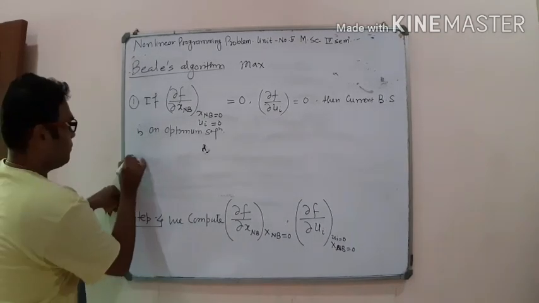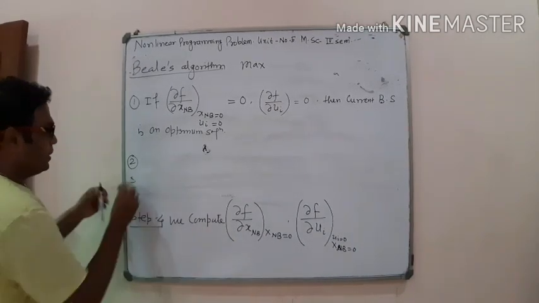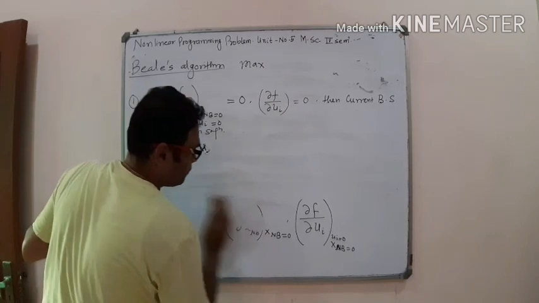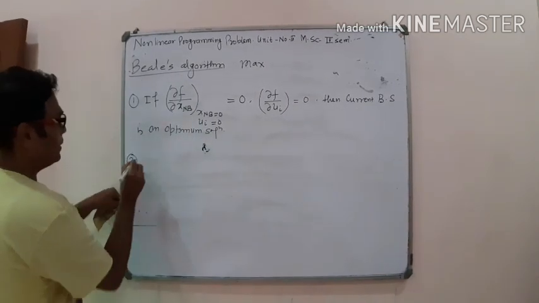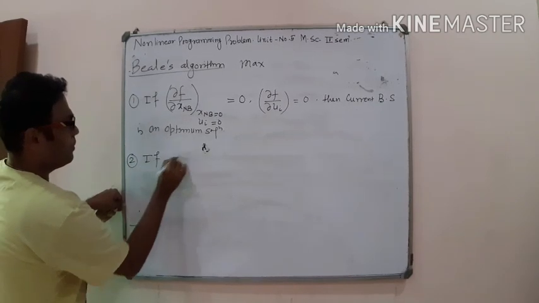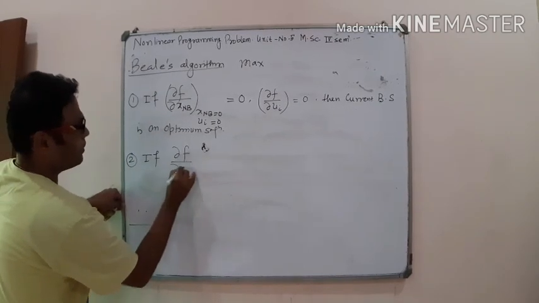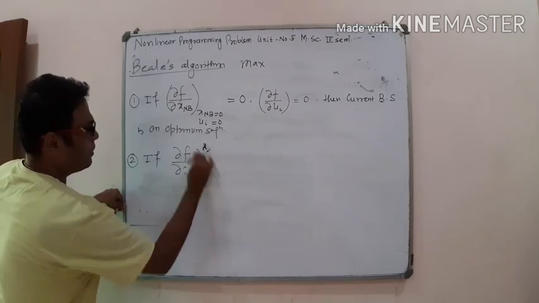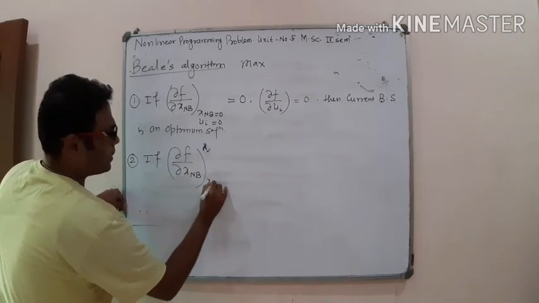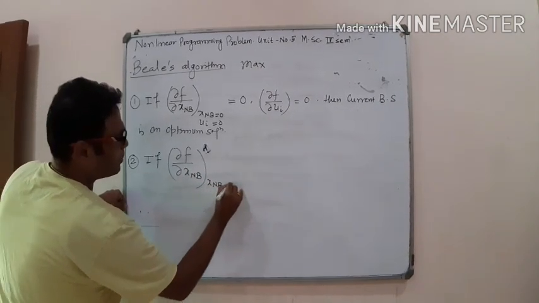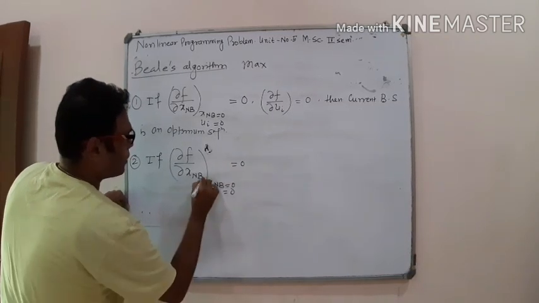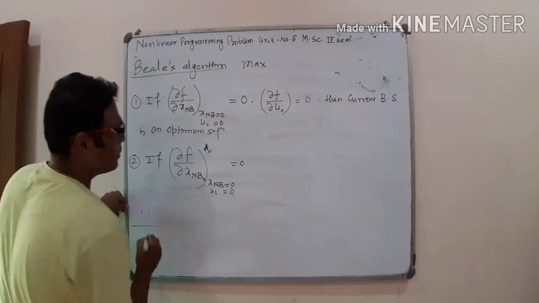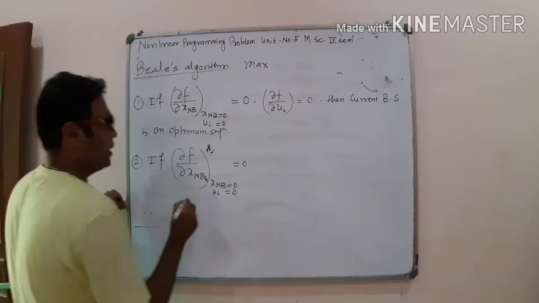But suppose the second case, if the partial derivative is greater than 0, like del f by del xNB k at xNB equal to 0 and ui equal to 0, for k any number, it is greater than 0.